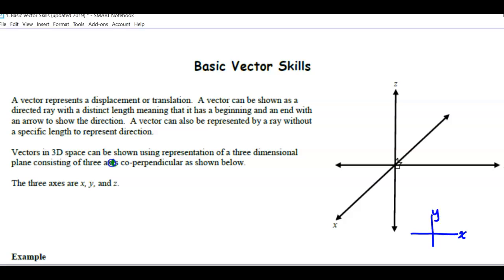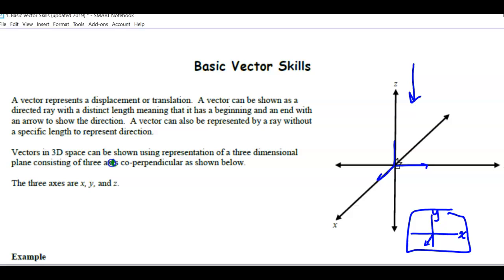So really, we see this two-dimensional if we look down from above. Turn your head to the right and look down from above. There's your y, there's your x, and then your positive z is coming out at you.